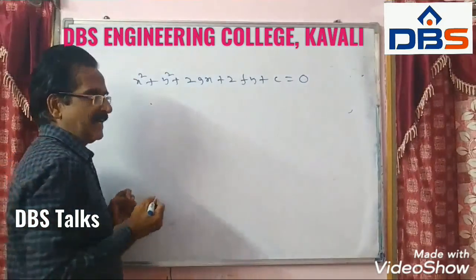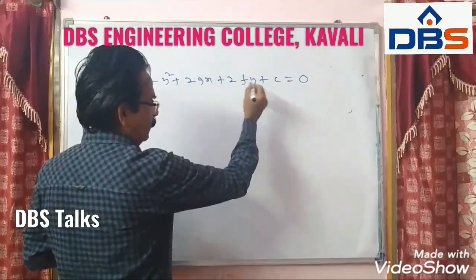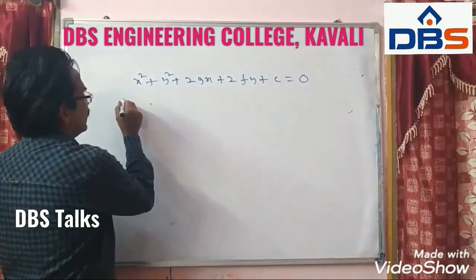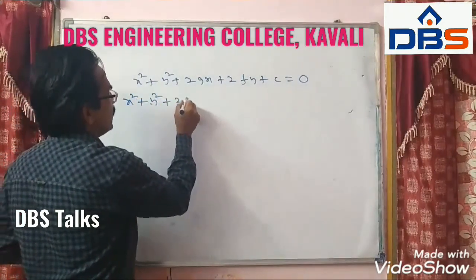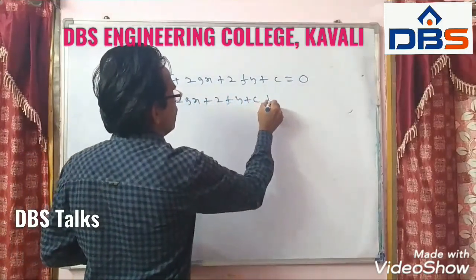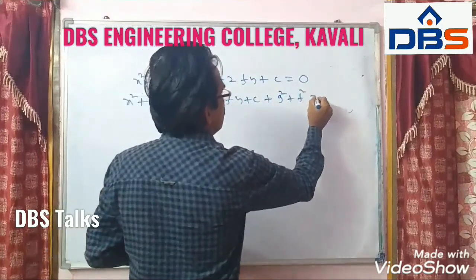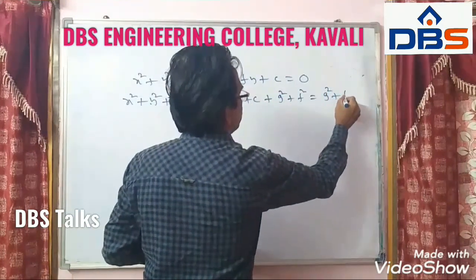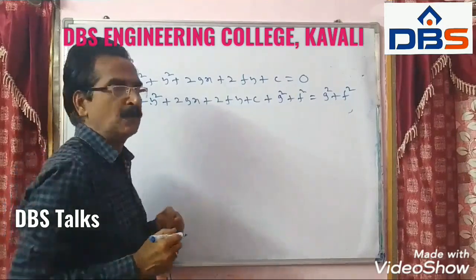Friends, let us add g square plus f square on both sides. x square plus y square plus 2gx plus 2fy plus c plus g square plus f square is equal to g square plus f square. I have added g square plus f square on both sides.